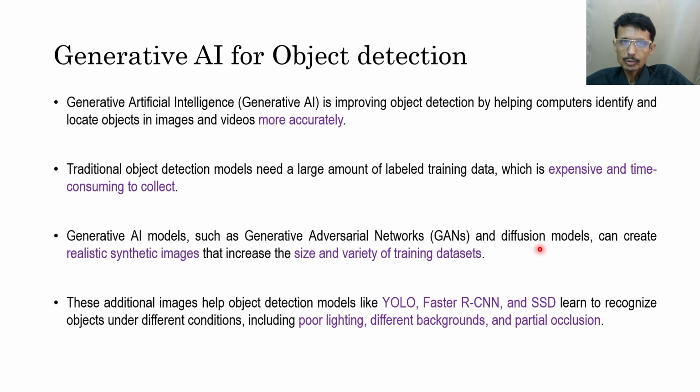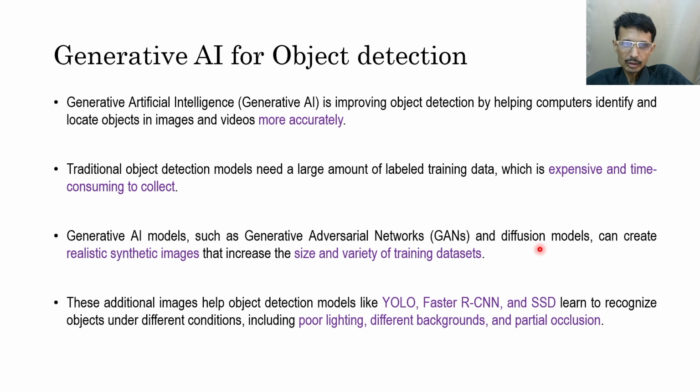Traditional object detection models need a large amount of labeled training data, which is expensive and time consuming. So here also, like the image classification problem, it creates synthetic data which adds more annotated training examples and makes the existing model more accurate.